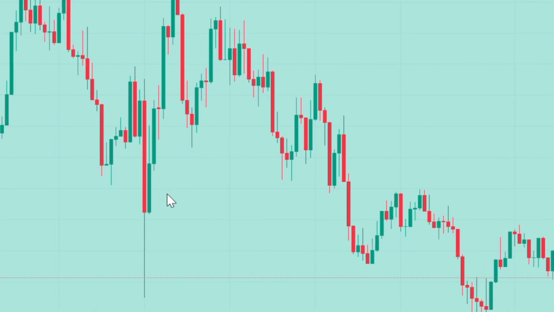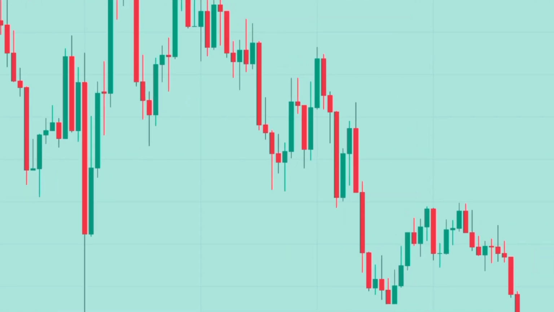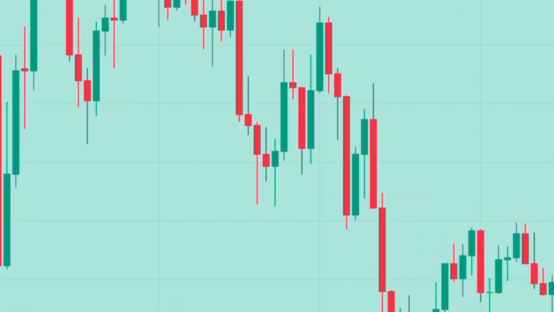So let's look out for fair value gaps. Alright, I have seen one over here. It is a very big one. You can see we have an imbalance from here and down to this point. You can typically see how price reacted when it cut into the fair value gap.